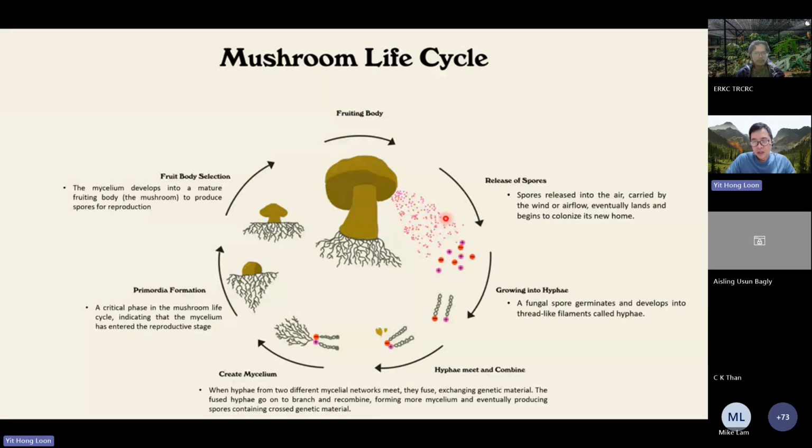Okay. So they colonize by growing into hyphae. Hyphae is actually a germinated fungal spore. You can imagine it's something like tree seedlings when they start to germinate.